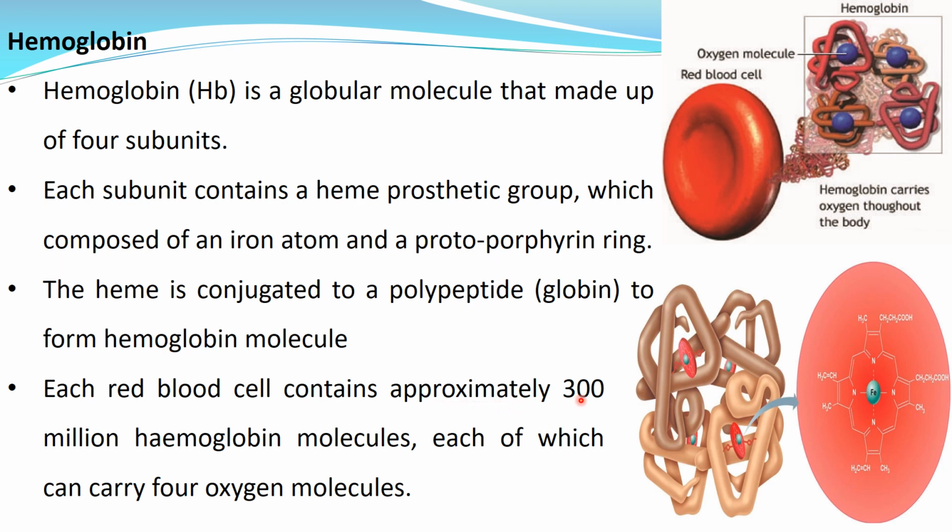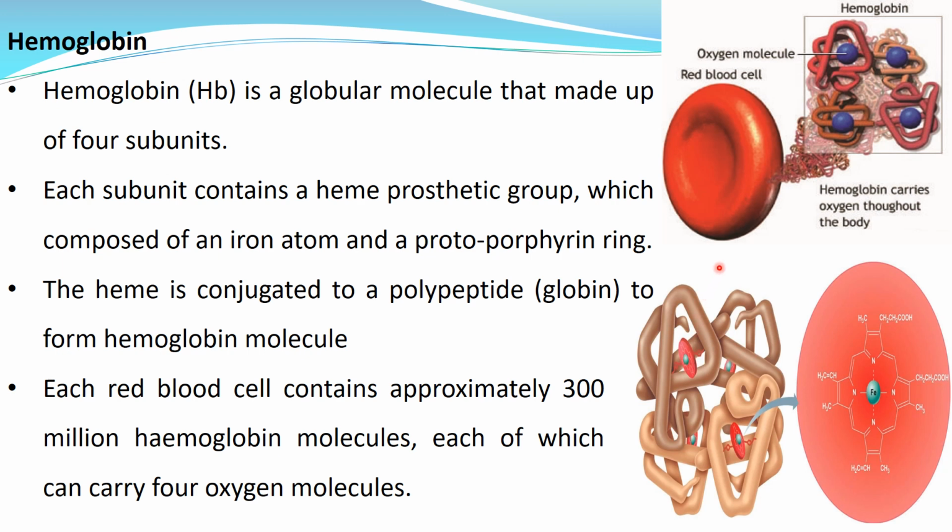So each red blood cell contains approximately 300 million hemoglobin. So each red blood cell is occupied by around 300 million hemoglobin molecules, each of which can carry 4 oxygen molecules. Imagine the amount of oxygen which can be transported through a single red blood cell.